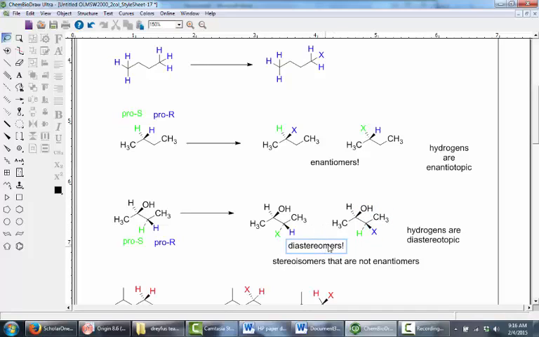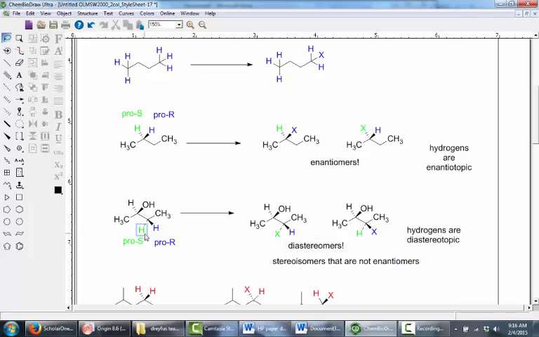Just to review, diastereomers are stereoisomers that are not enantiomers. The chirality at this center here is the same as what I've shown here, meaning I have enantiomers at this particular chiral center, but because I have a chiral center elsewhere in the molecule, so that's this one shown over here, that makes these two molecules diastereomers, stereoisomers that are not enantiomers.